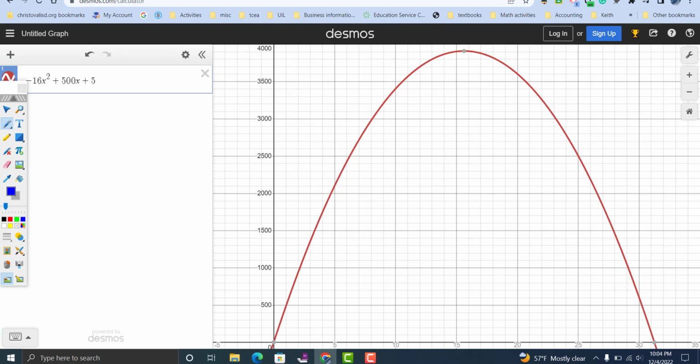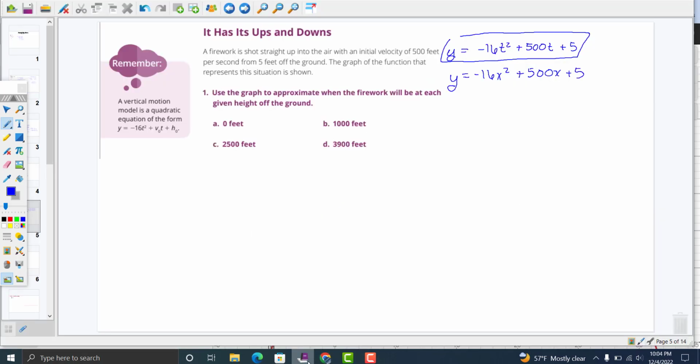So the vertex is when it's going to be at its highest point. And so it's going to be roughly 15.62 when it gets to the highest point. Now that first question is asking us, when is it at 0 feet?